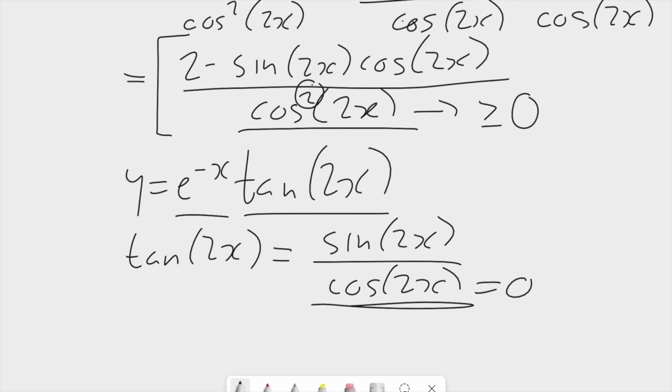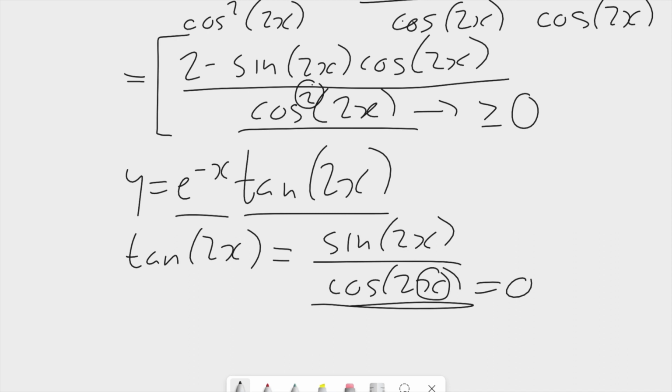So whatever values of x give cos 2x equals 0, we can just ignore all those values, since those values are excluded by the condition in the question.